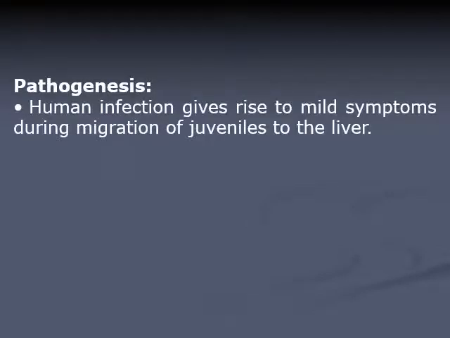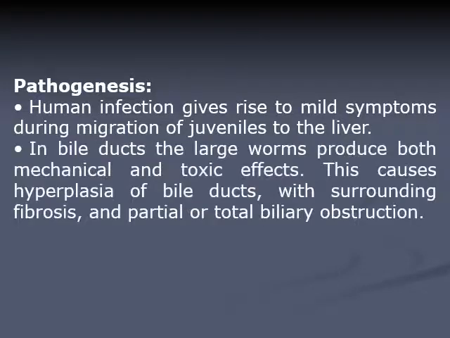Pathogenesis of Fasciola. Human infection gives rise to mild symptoms during migration of juveniles to the liver. In bile ducts, the large worms produce both mechanical and toxic effects. This causes hyperplasia of bile ducts with surrounding fibrosis and partial or total biliary obstruction.